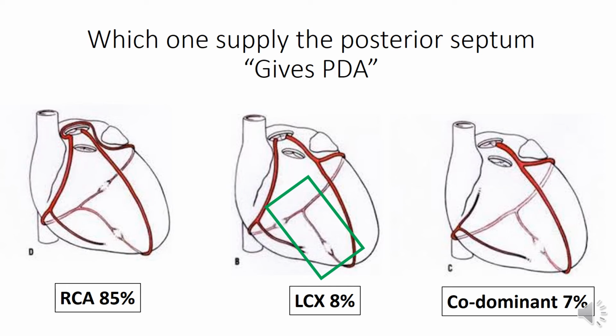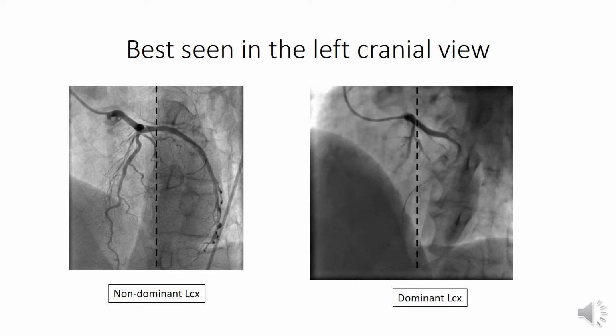In about 8% of patients, this branch comes from the terminal part of the circumflex artery, and we call it left dominant circulation. In about 7% of patients, both the circumflex and RCA give small posterior descending branches, and we call this situation a codominant circulation. So how to see it by angiography?